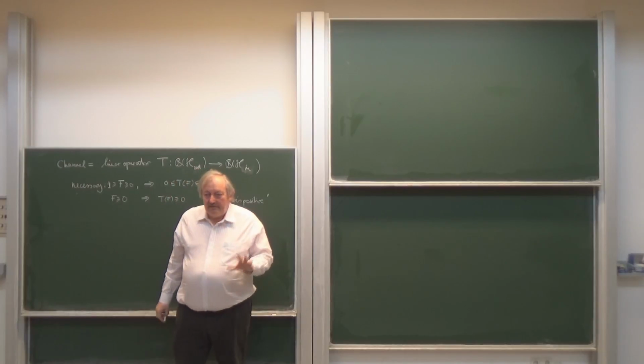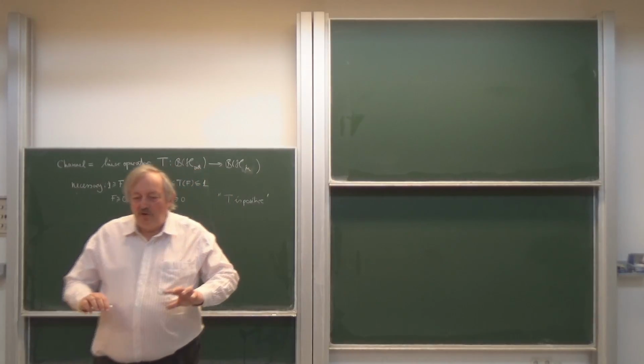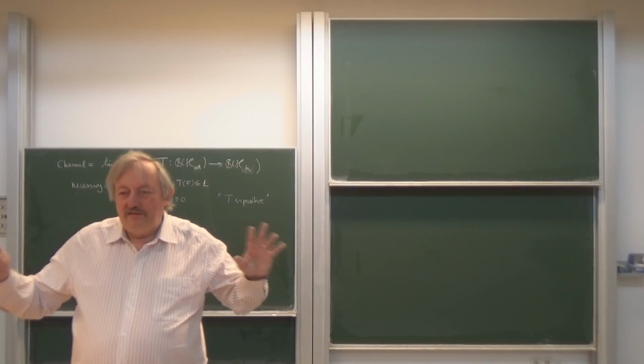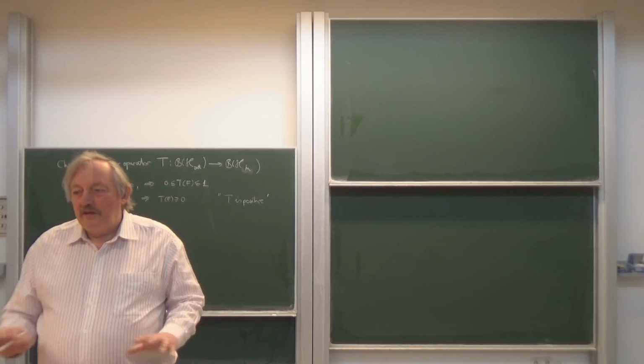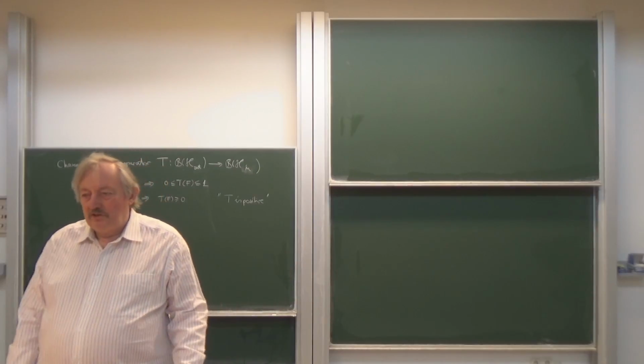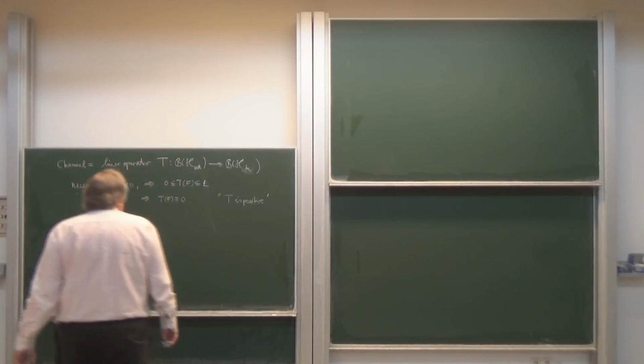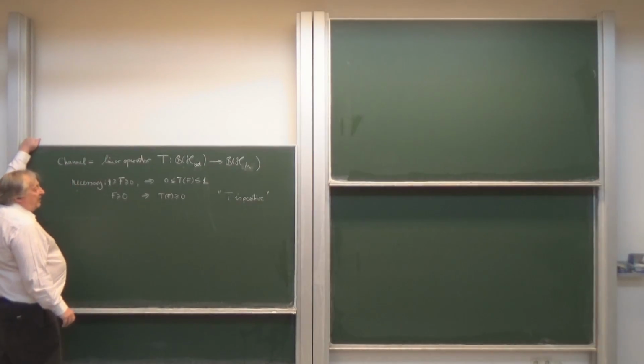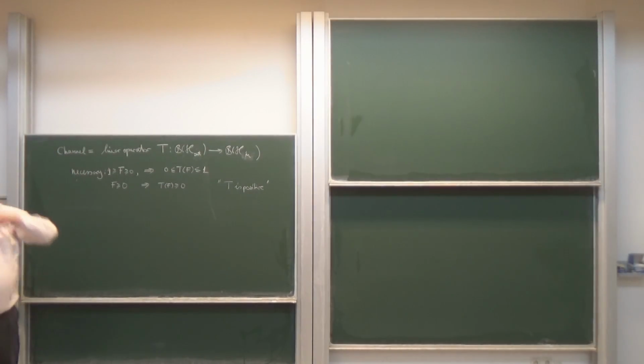Now, positive is a word that appears all over the place with different meanings, right? So here it means that applied to a positive object, it gives a positive image. Right? But it turns out, and we'll come to that, it turns out that this isn't quite enough.